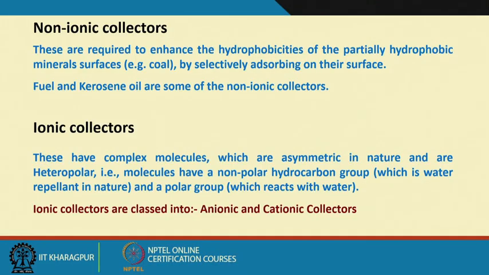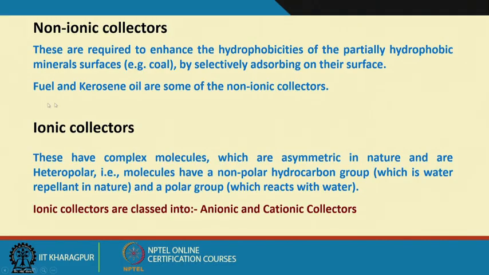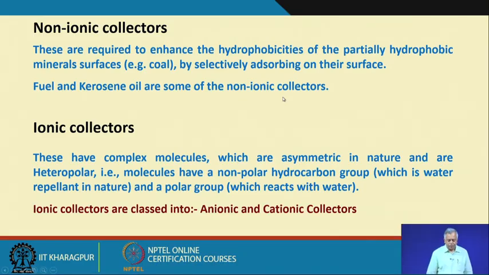So, many times we use non-ionic collectors by selectively adsorbing them on their surfaces, because they are very low cost materials, they are easily available, and many times they can be recycled back also. Fuel oil and kerosene oil are some of the non-ionic collectors used for coal flotation.